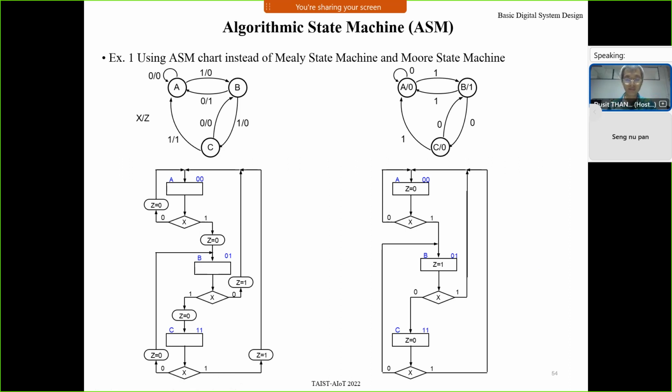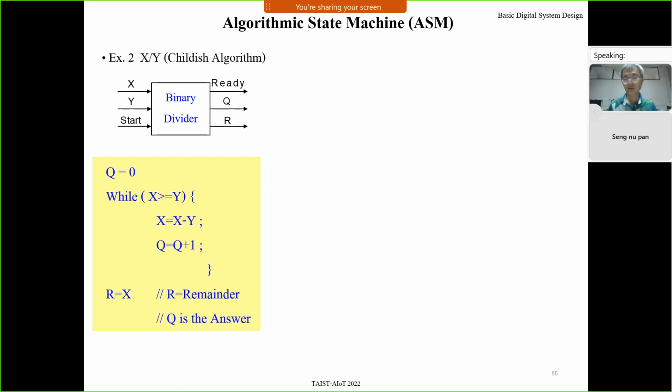So now, let's do this example, Example 2. Let's design a binary divider, X divided by Y, by using this algorithm. Let Q be 0 at the beginning.